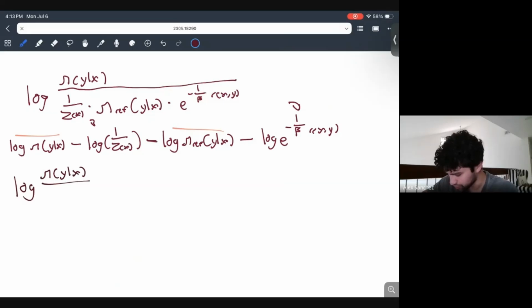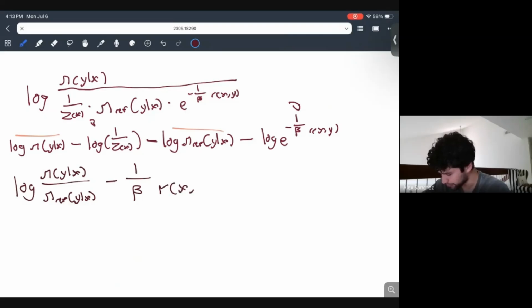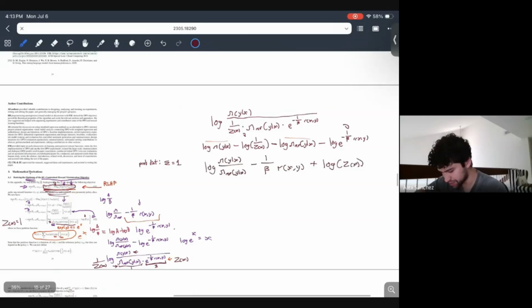And so what we end up with is the logarithm of our policy over our reference, minus 1 over beta and our reward, plus the logarithm of z of x. Like I said, we want to keep this the same.